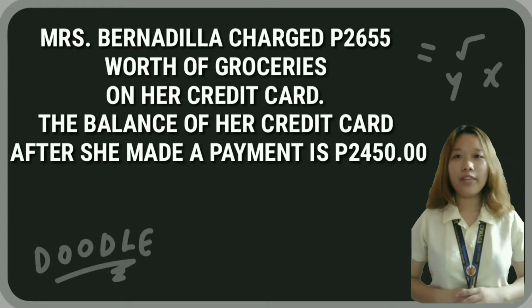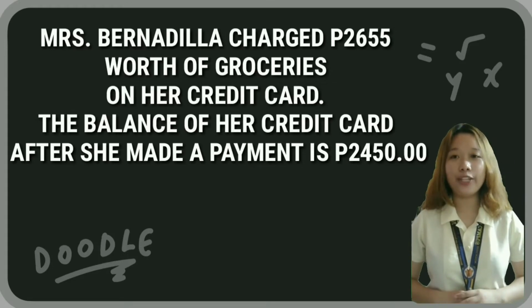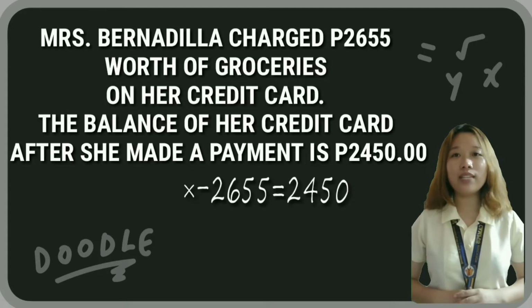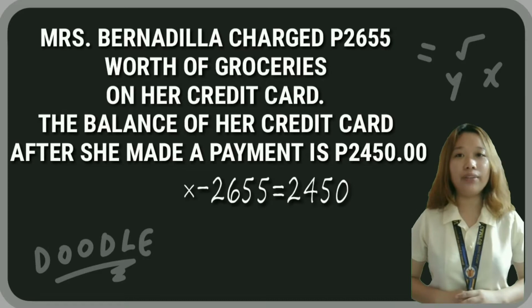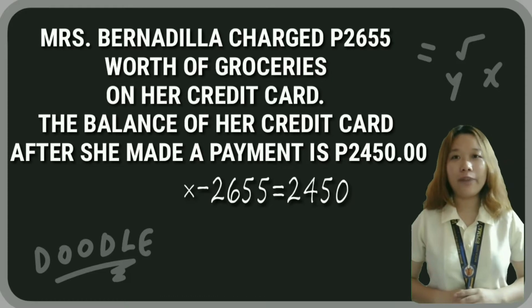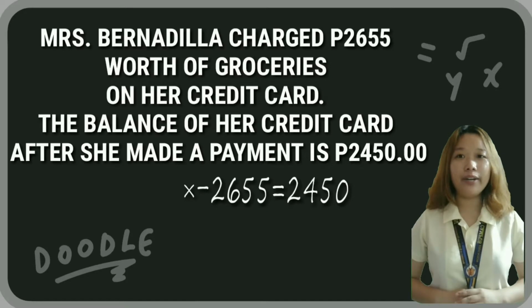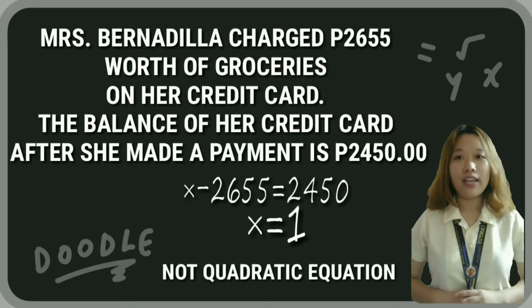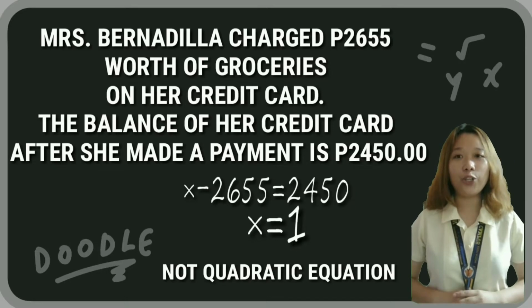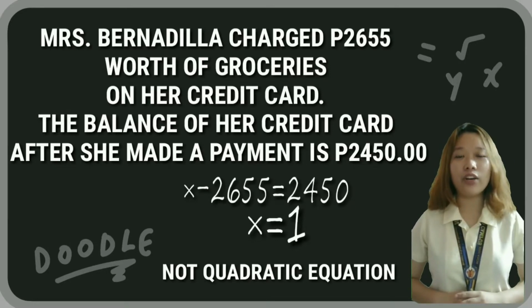The situation can be represented by the equation x minus 2,655 is equal to 2,450, where x was the balance in the credit card before Mrs. Bernadilla made the payment, and since the variable is raised to 1, the equation is not quadratic. The situation does not illustrate a quadratic equation.